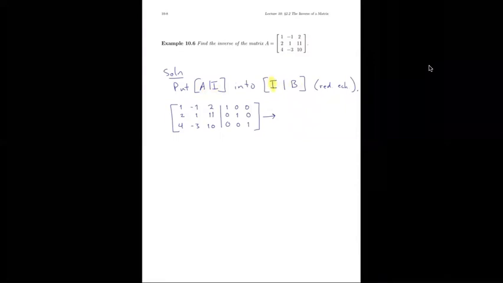Remember, if something that looks like I, at least these leading ones here, is in this position, then we're in reduced echelon form. So that's what we want to do. The technique, or the algorithm, is always to write A I as the augmented matrix and then reduce it to reduced echelon form. So let's get to work. We have a leading one in the top left position already, so I'll leave that in place.